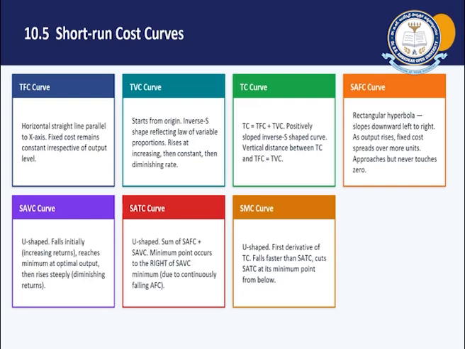Its minimum point occurs to the right of the SAVC minimum, due to the continuously falling AFC. The short run marginal cost curve is also U-shaped. It is the first derivative of TC, falls faster than the average total cost, and cuts SATC at its minimum point from below. That is how the short run cost curves go.